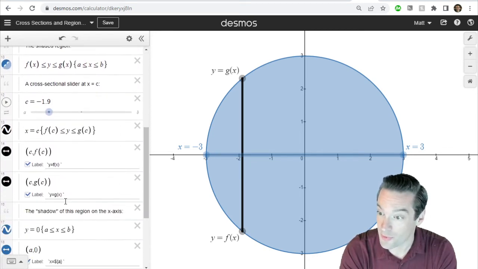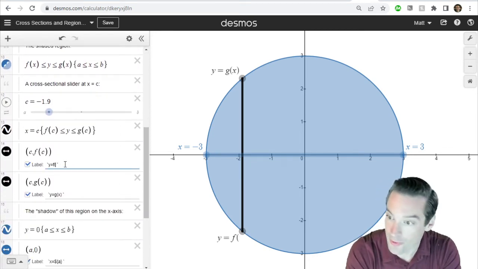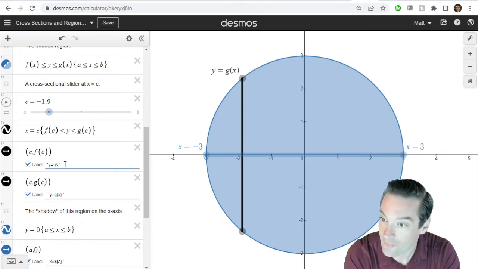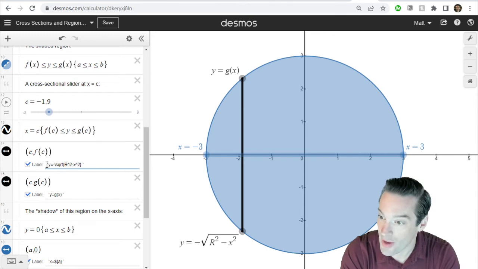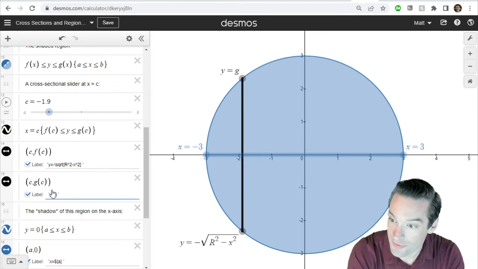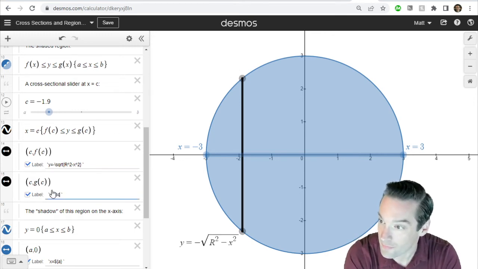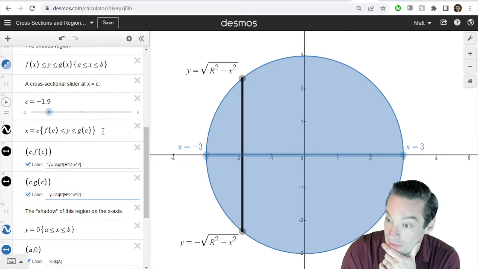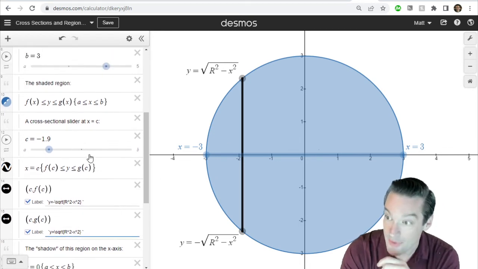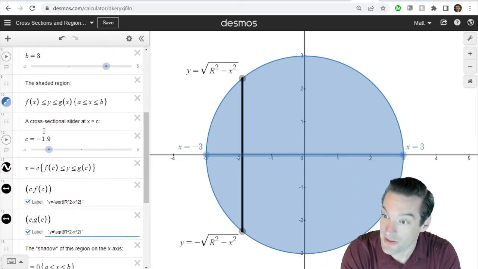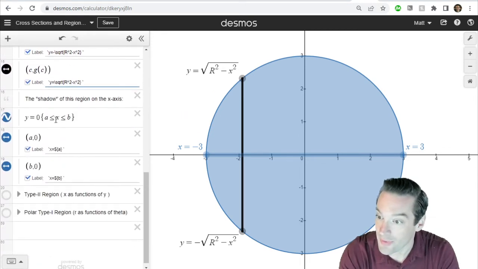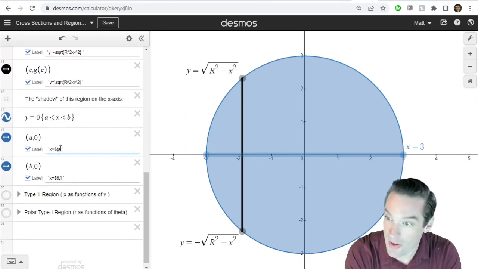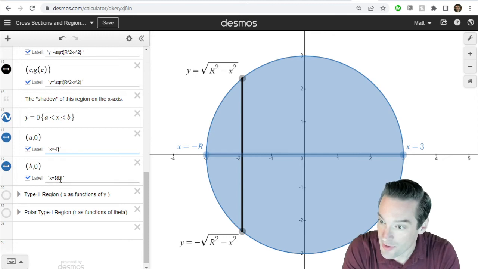So this would range from minus the square root of r squared minus x squared on the bottom side, up to positive square root of r squared minus x squared on the top side. And then the left and right hand limits, once we squash that circle of radius r down onto the x-axis, end up being from minus r to plus r.